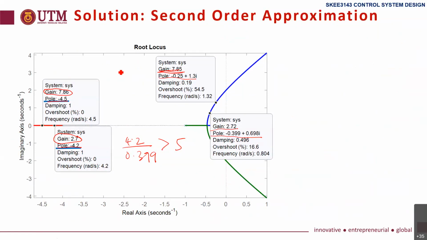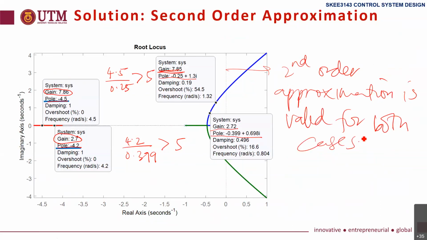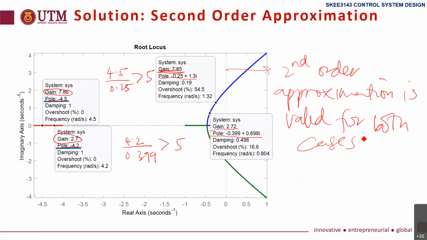So in order to check whether it is valid or not, we divide 4.5 by 0.25. Of course, again, a lot more than 5. Also valid. So the second order approximation is valid for both cases. Any question?